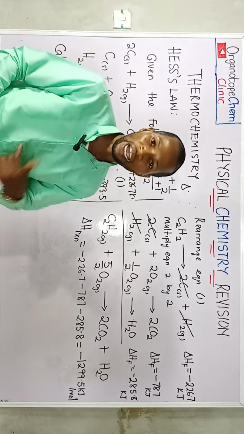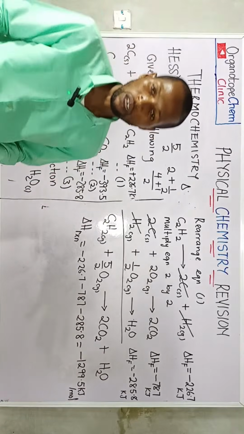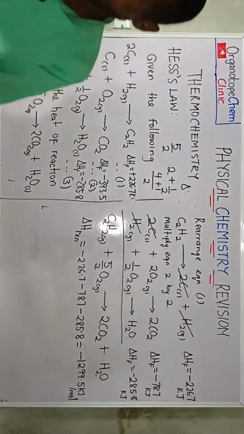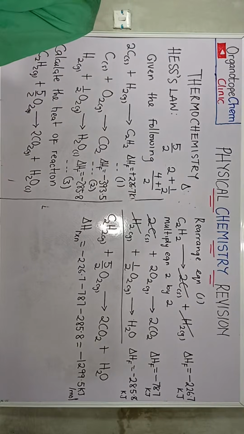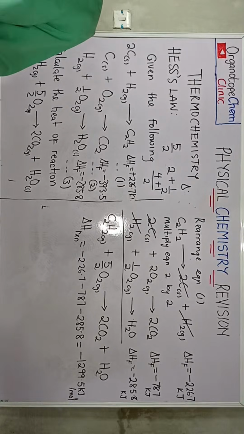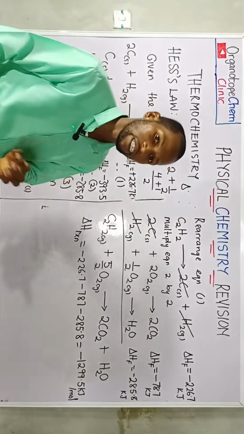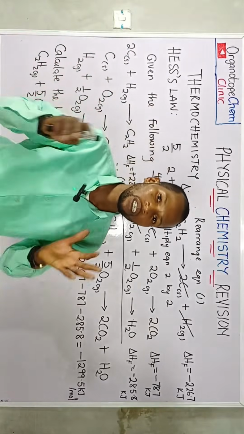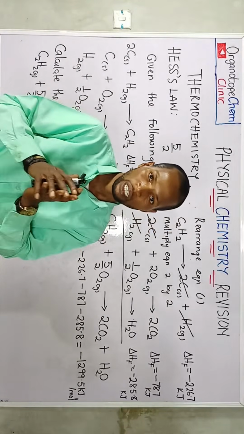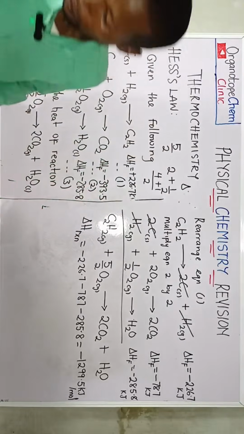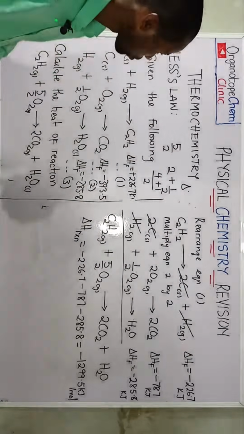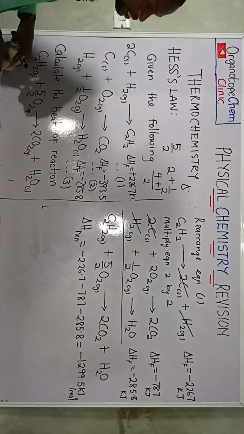So heat gain and heat loss remain constant in any chemical reaction. So I can equally say that when a system gains or loses heat, the total energy will be constant. When a system gains or loses heat, the total energy is what? Is constant.